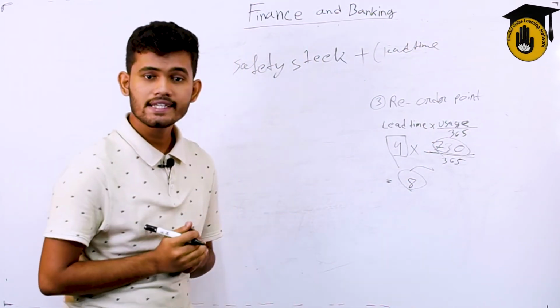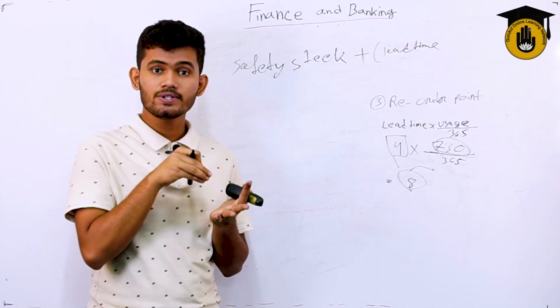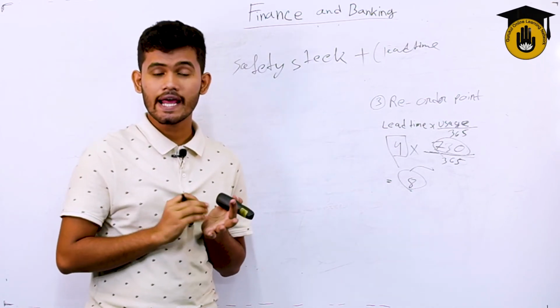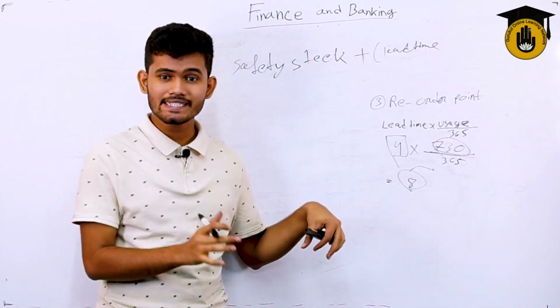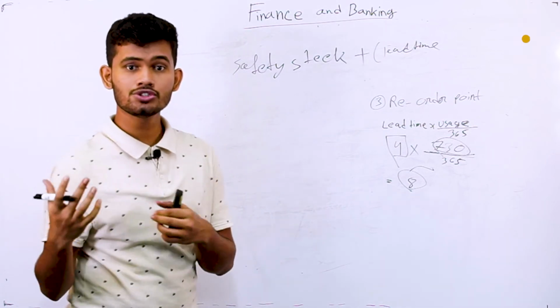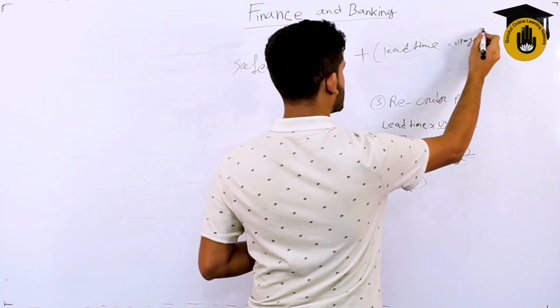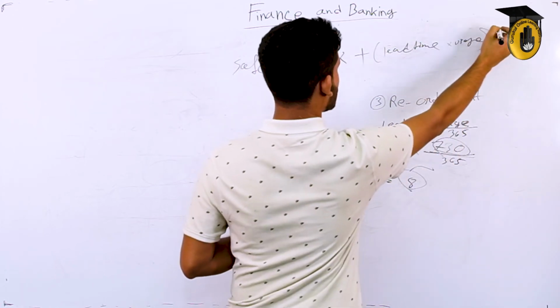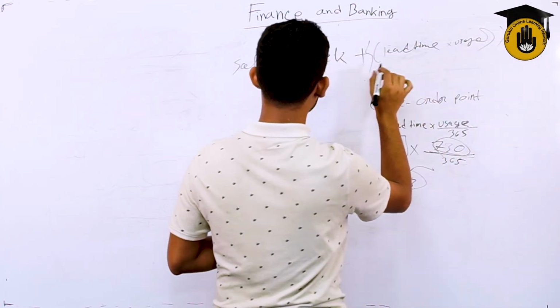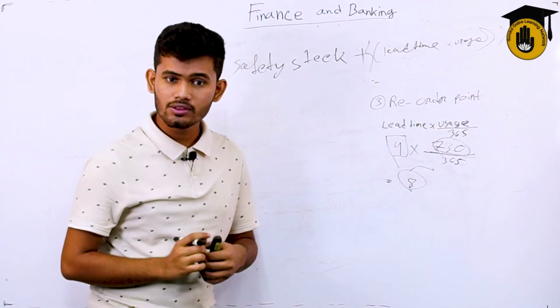Which one was known as the lead time? The point when we place our order up to the date when we receive it. These things we got in the previous math.